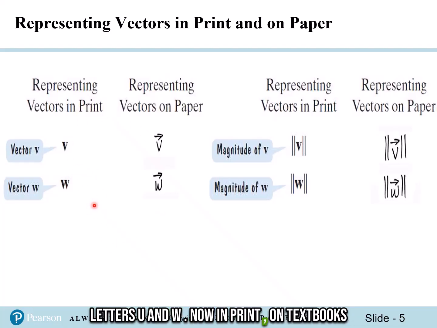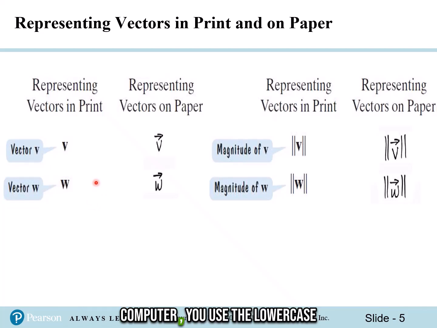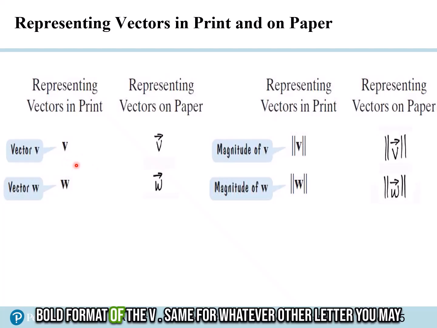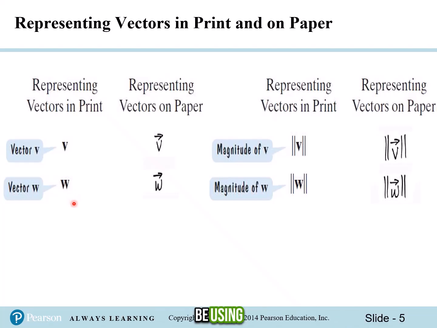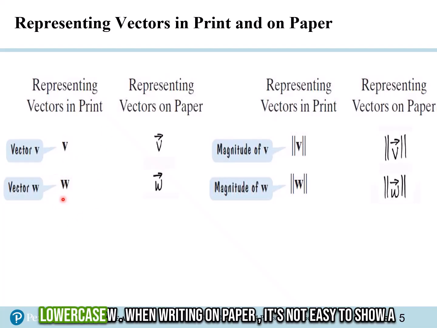Now, in print, on textbooks or any printed material, or even when typing on your computer, you use the lowercase bold format of the v. Same for whatever other letter you may be using to represent a vector. So it's a bold lowercase v or a bold lowercase w.